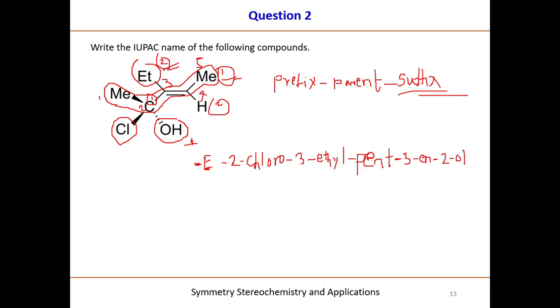Now let's talk about the chiral carbon present in this molecule. So you can see here we have only one chiral center, only one chiral carbon atom, and we have to find out the absolute configuration of this carbon atom. For the absolute configuration, we have to give the priority to the groups present.